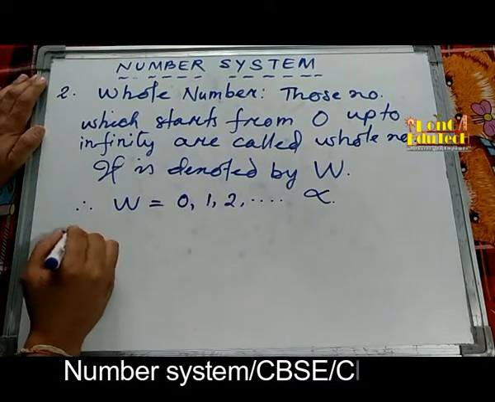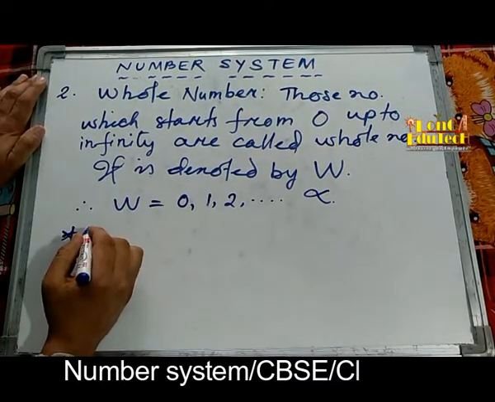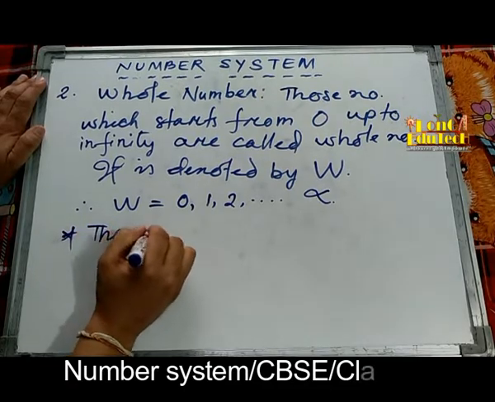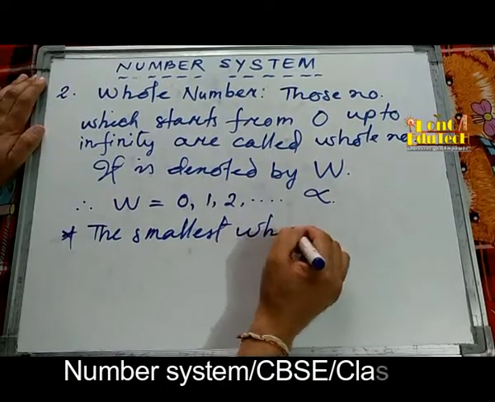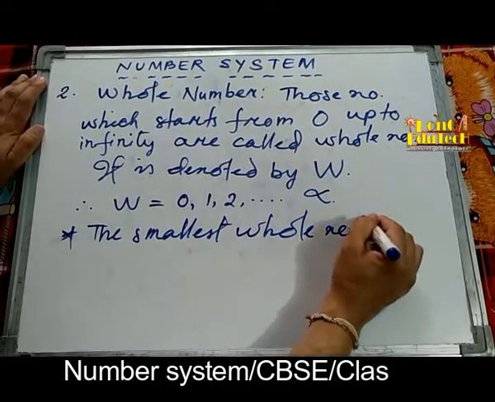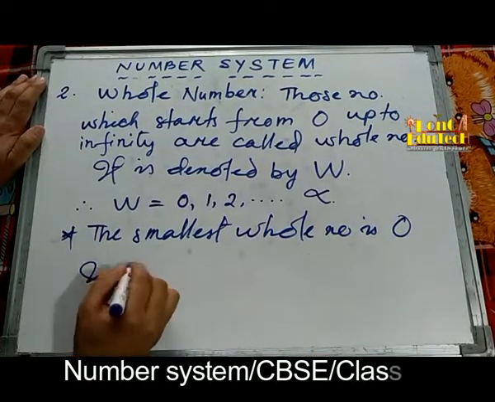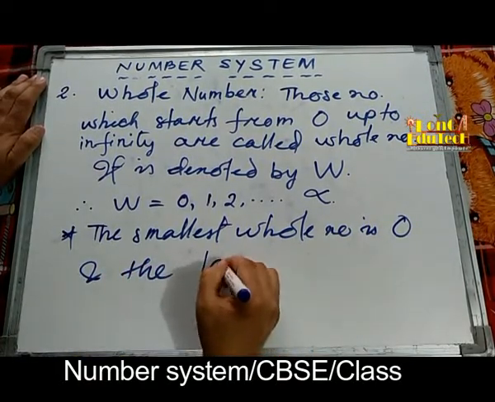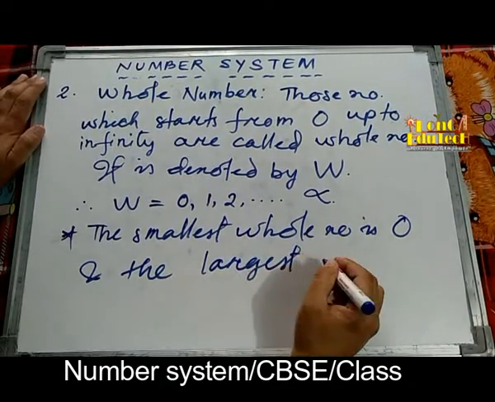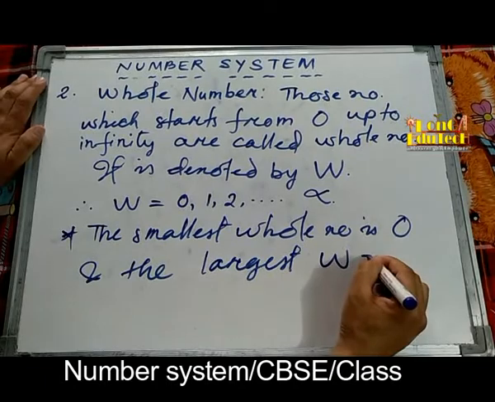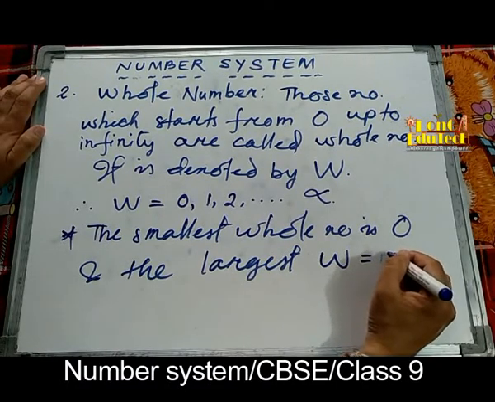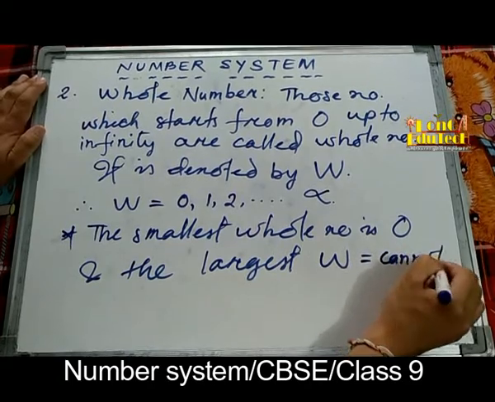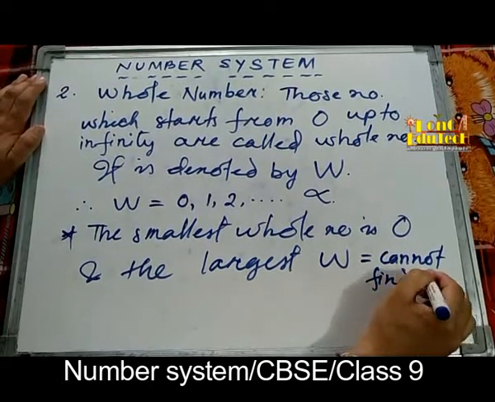that is uncountable. So the important point here we have to know is that the smallest whole number is 0, and the largest whole number is uncountable, or you say infinity, or we can say it cannot be found out.